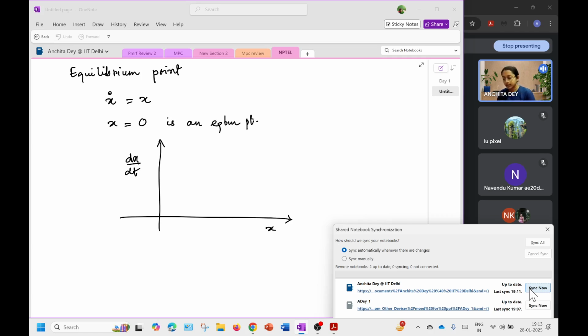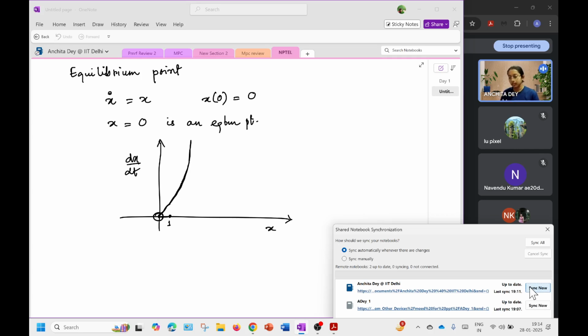This simply says that provided you are at 0, that means if your x is equal to 0, then x dot is equal to 0 as well, right? x is equal to 0 and x dot is equal to x, which is equal to 0. So there is no further change. dx/dt is also equal to 0.